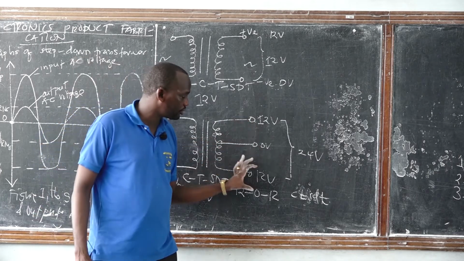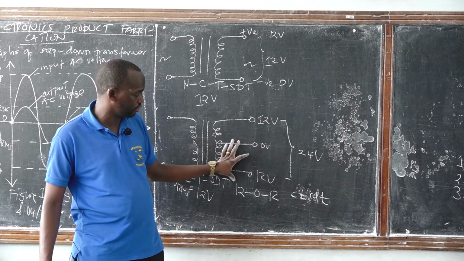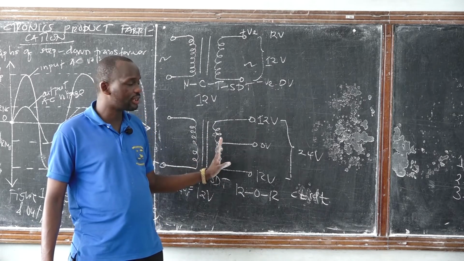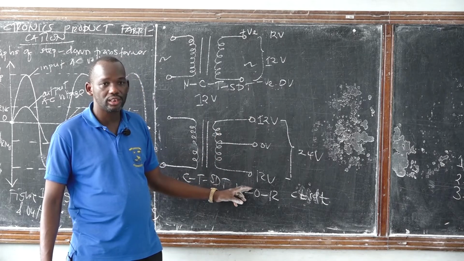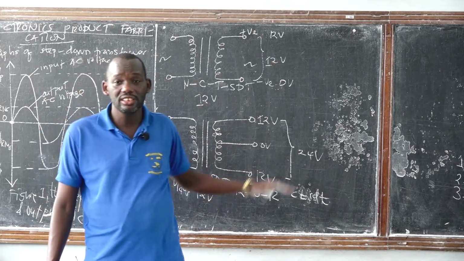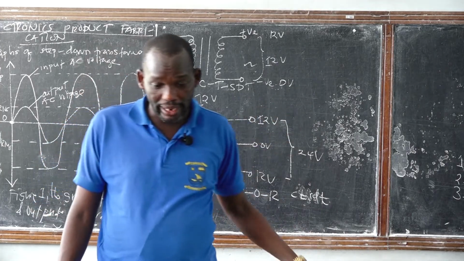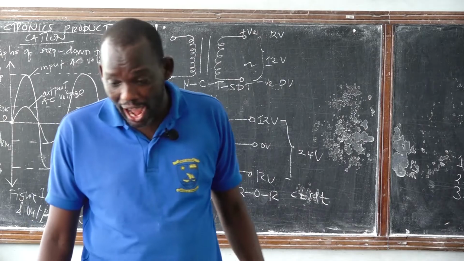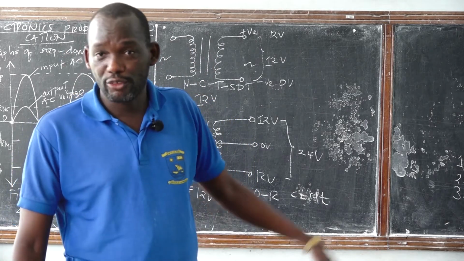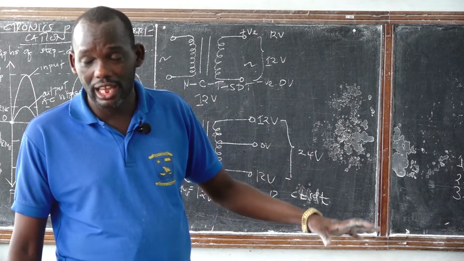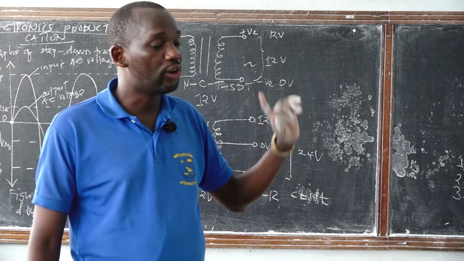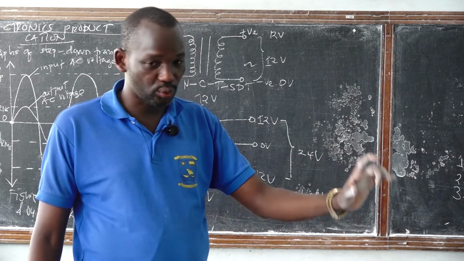If you need 12 volts, you may use either these two terminals or these two terminals. If you need 24 volts from the same transformer, you have to use this one and this one. That's the advantage of the center-tapped step-down transformer. It can provide you more than one root mean square voltage. While for the non-centered tapped step-down transformer, you will have only one root mean square voltage.